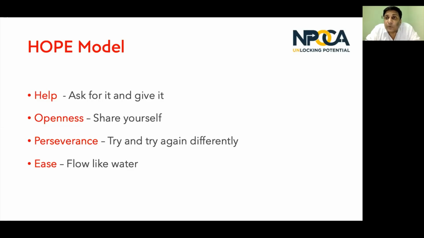If you think that when you ask for help you're coming across as someone who's weak, that is untrue. In the generation that you are living in, when you reach out for help or when you support someone, you create very strong bonds. Talk to people, share your concerns, share your fears, talk about it, listen to people.